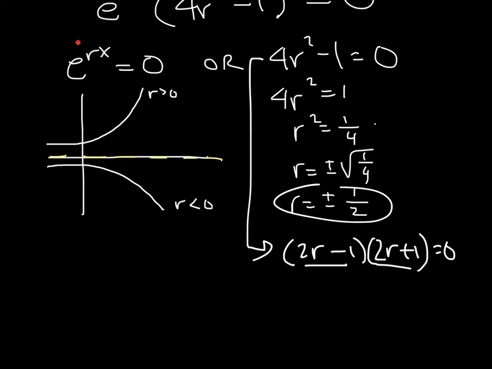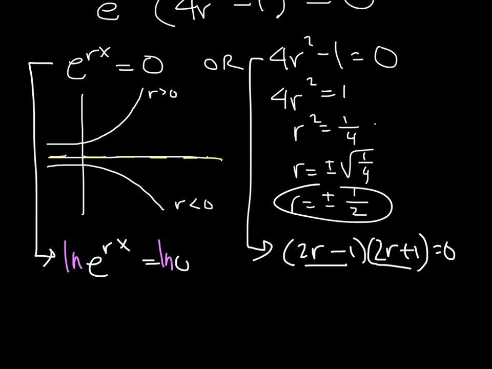Again, there's no r here. It doesn't exist. Again, algebraically, if you wanted to solve this equation, you would normally take ln of both sides because ln and e are inverse functions, and from logarithms, rx equals ln of 0.